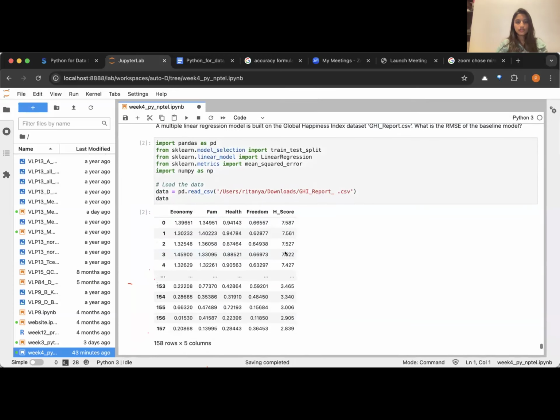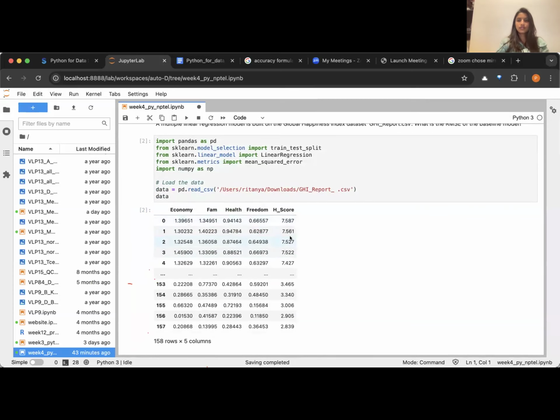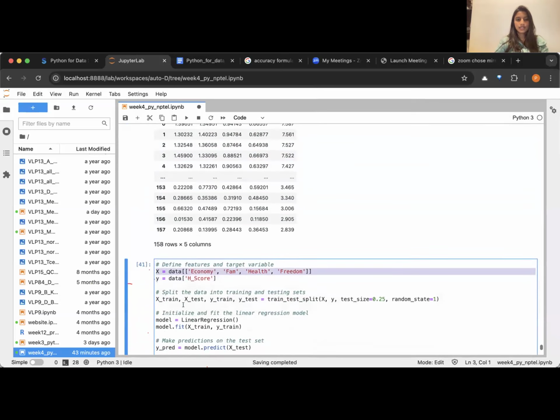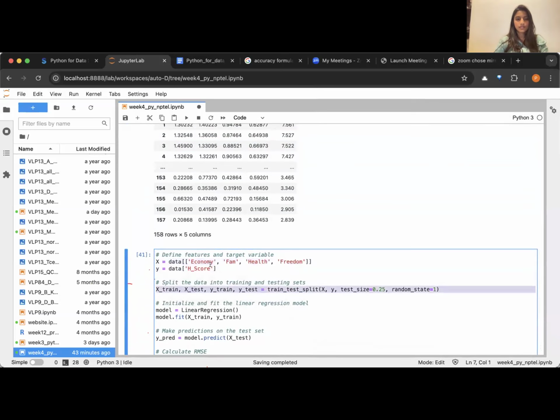We see H score, all this, freedom. I just want to predict this, so this is Y. All the other columns are X. Now we have X and Y.